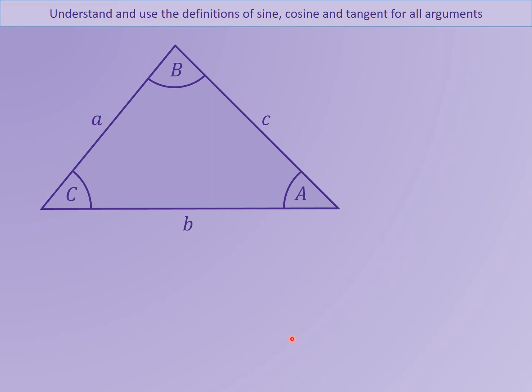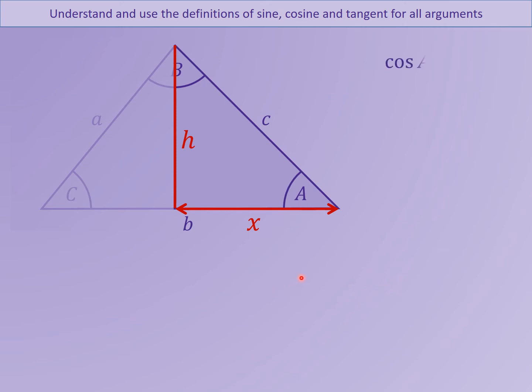So here we have our triangle again with angles and sides shown as before, and I'm going to draw in my perpendicular height using B as the base. So I'm going to call that length h, and I'm also going to have a value of x, which is the length of the side shown on this right hand side right angled triangle.